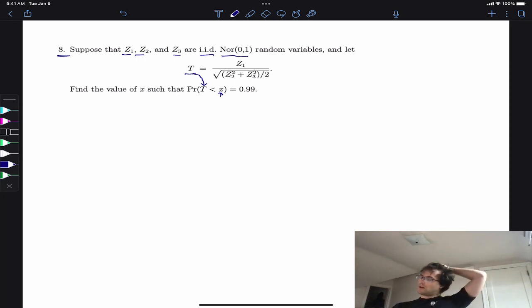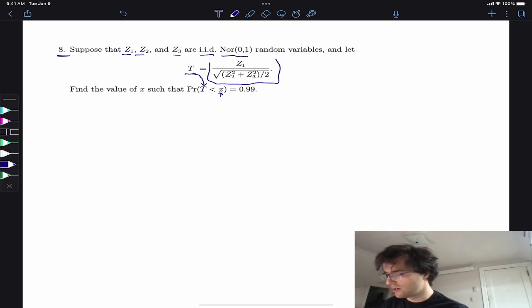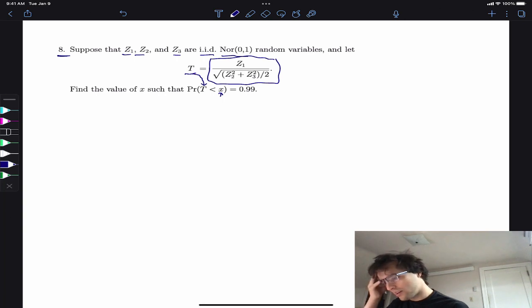When you get a question like this, I know when I was taking this class, this question initially stumped me because I saw this kind of nasty expression and thought, oh my gosh, I have no idea how I'm going to find the probability of this.